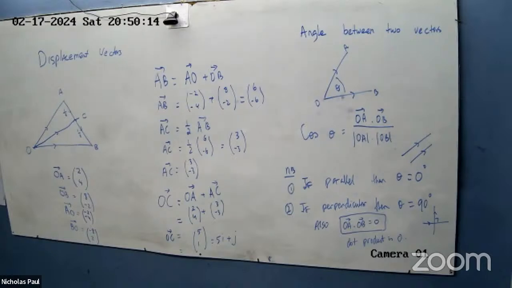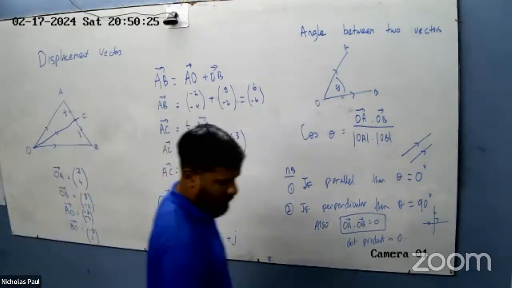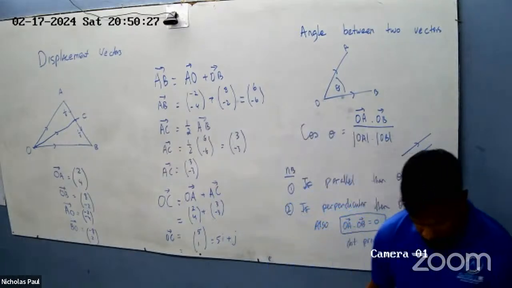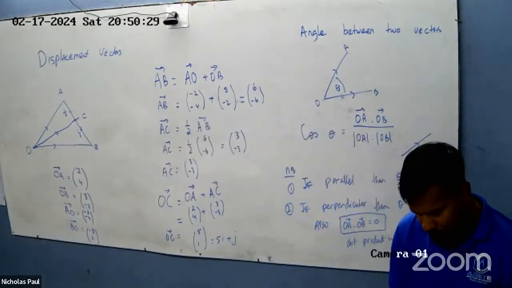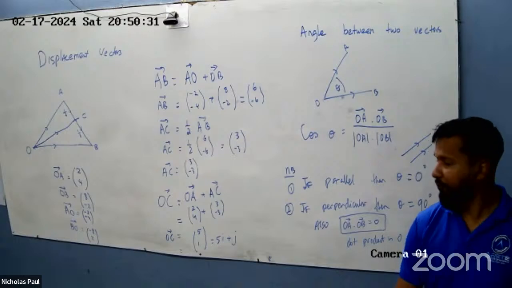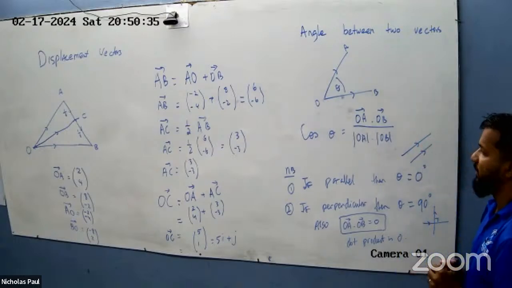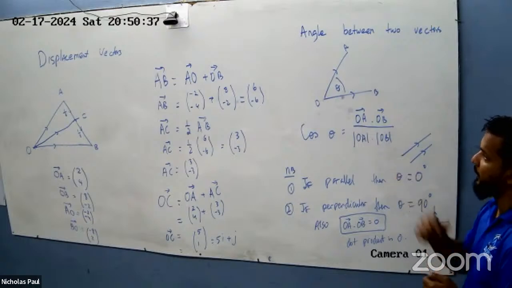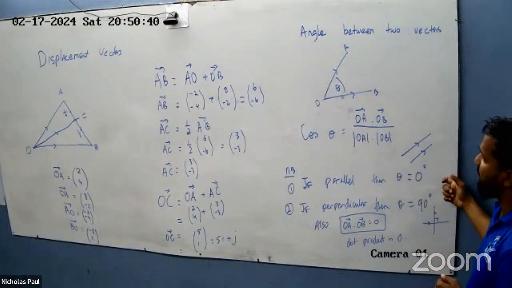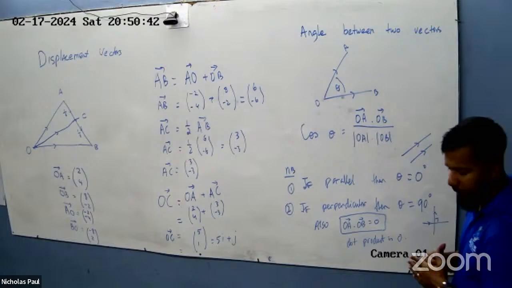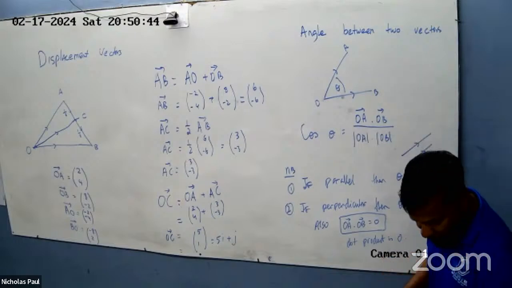Right, copy it down. So if they ask you to find unknown vectors, you use the displacement vectors. If they ask you to find the angle between two vectors, you use this relationship here.